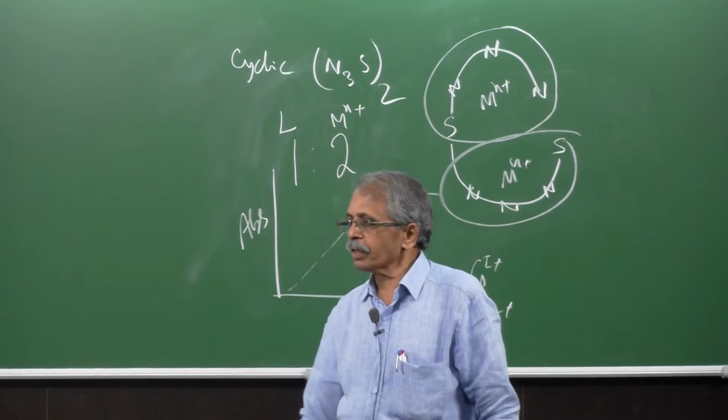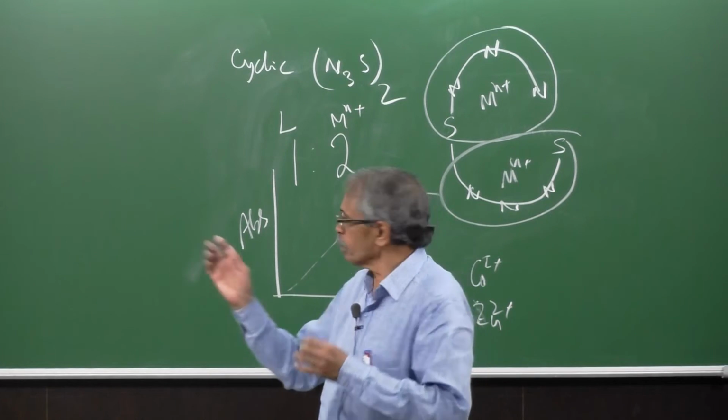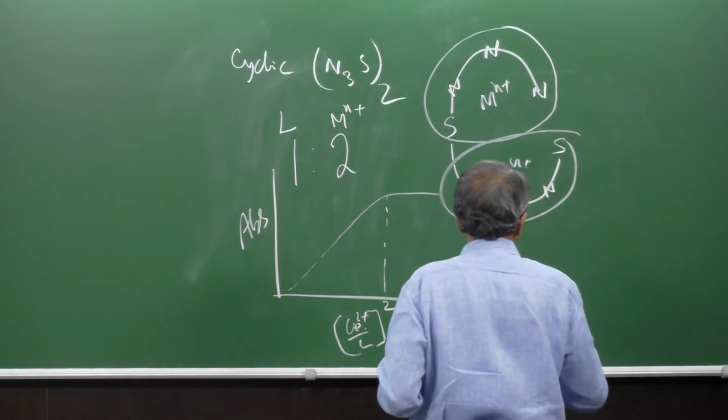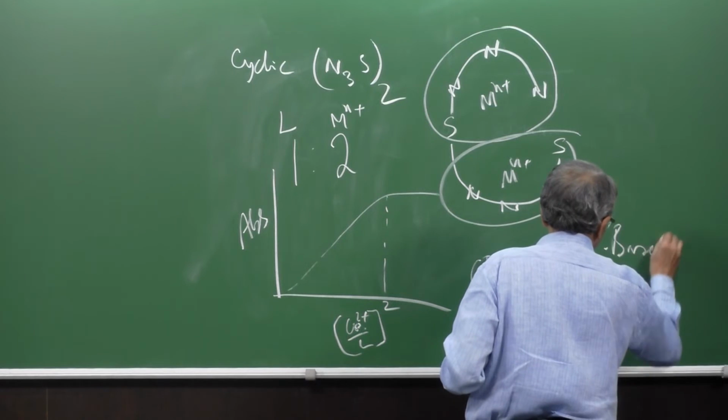So for example, here a ligand over there, and this can undergo protonation, deprotonation, and this can be driven by changing the pH. So what you do here, you take this compound, you go from acid to the base direction. So this is the acid base titration.